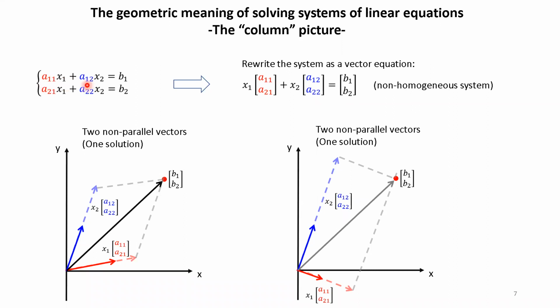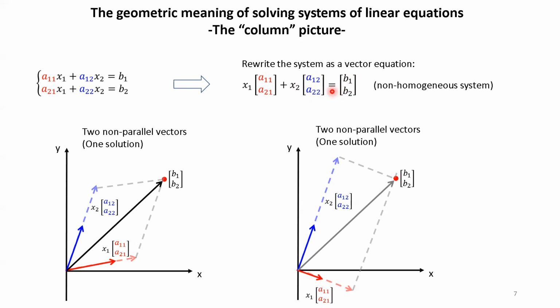In this way, this system of equations can be written in this form. I call this a vector equation because you can see that I have this number times this column vector with two components, plus another number times the other column vector with two numbers, equals this b vector with again two numbers.